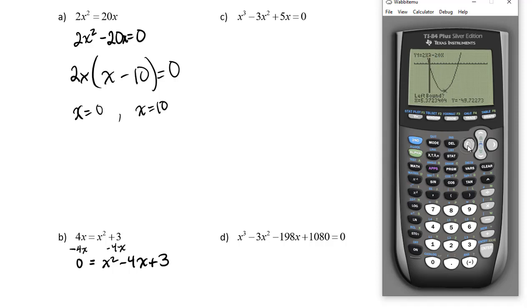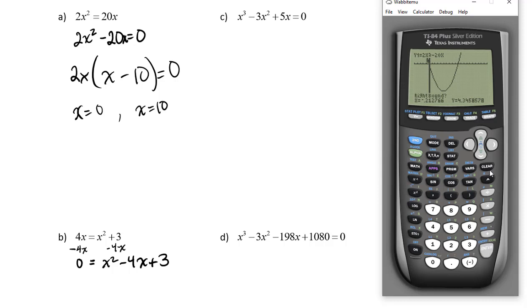So I'm going to arrow to the left until I pass the intersection. Now notice that my y values, my outputs, are going to get closer and closer to 0. And then they cross to positive. That's when I know that I've passed the intersection point, when the y values, the outputs, change from one sign to the other.